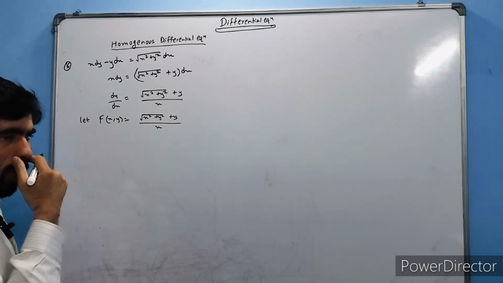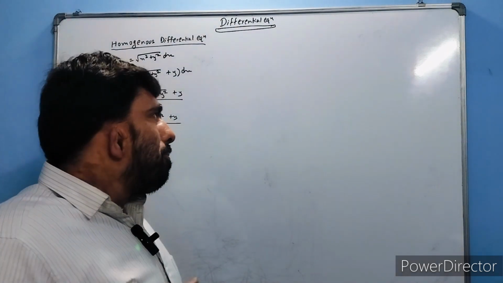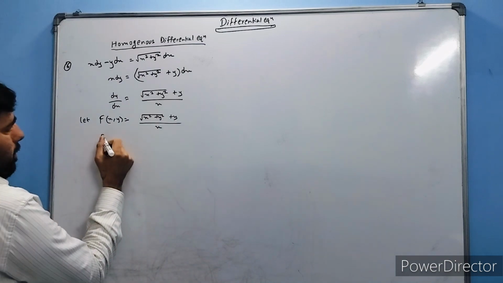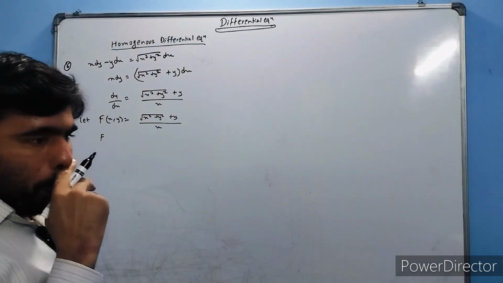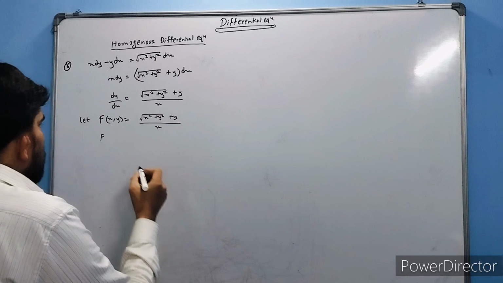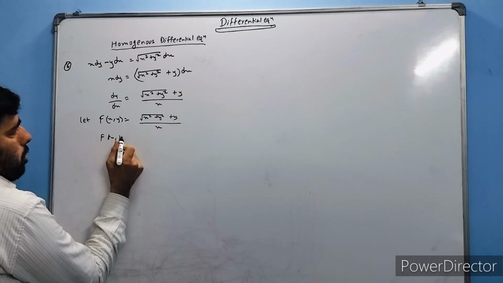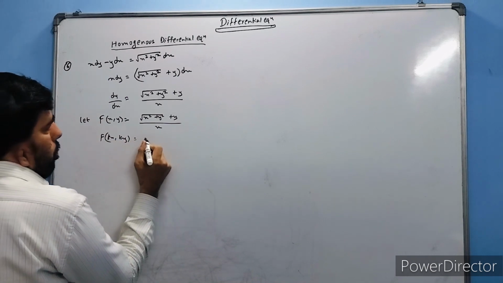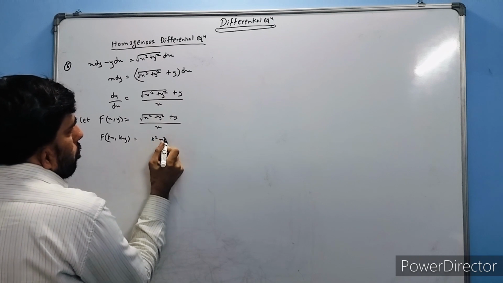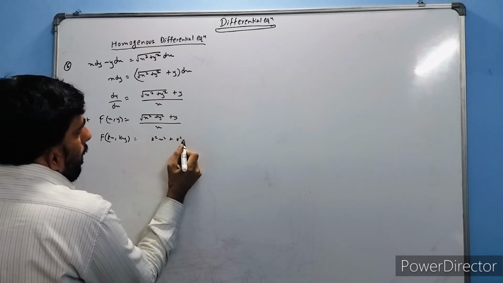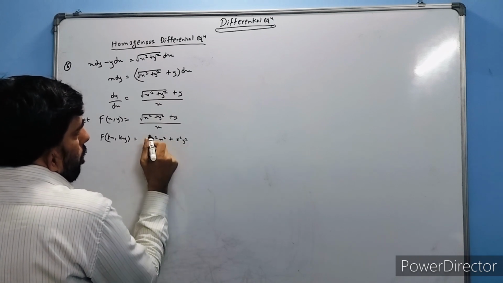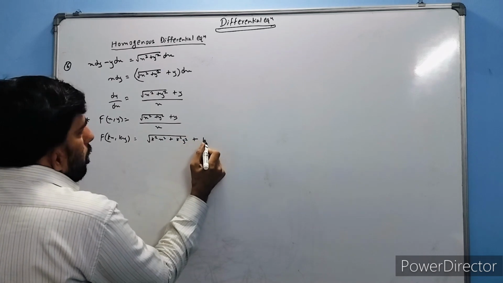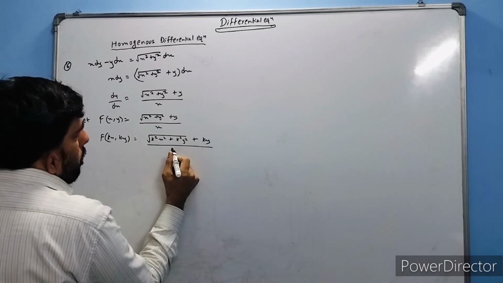So now what we can do here, I'll replace x by kx and y by ky. Okay, so we have f(kx, ky) is equal to square root of k square x square plus k square y square plus ky, upon kx.